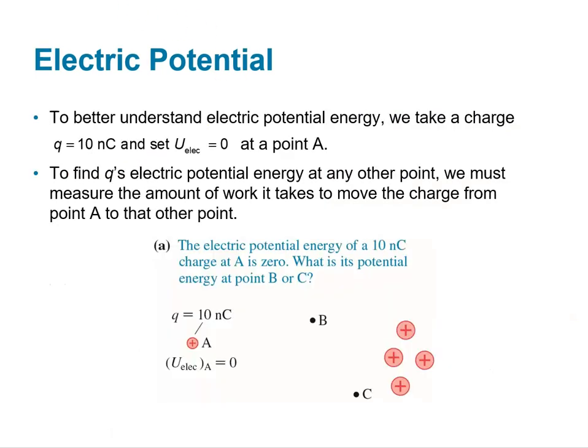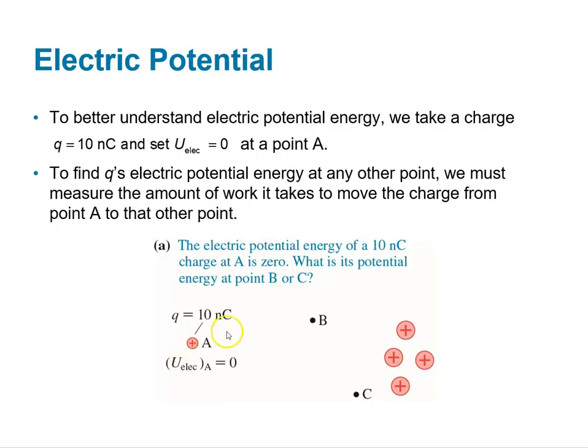So now we're going to do a hypothetical example. We're going to take a charge with a value of 10 nanocoulombs. It could be anything. And we're going to say at point A, its electric potential energy is 0.